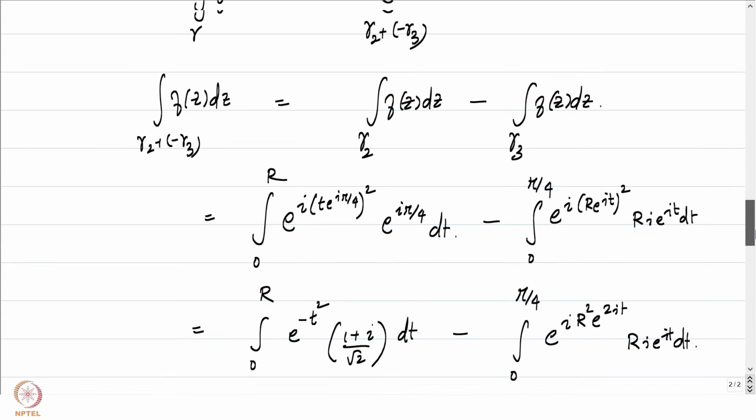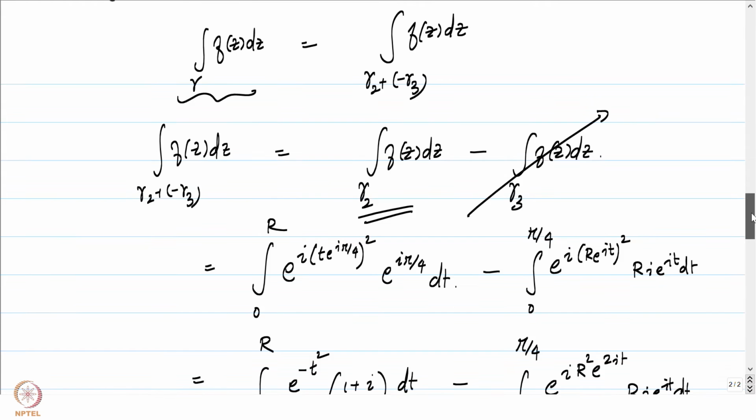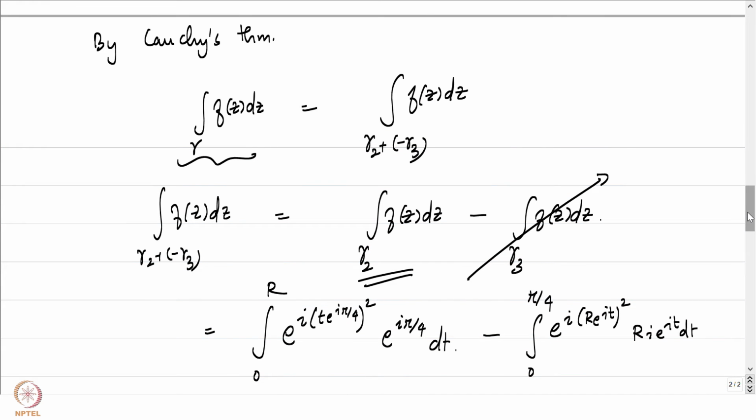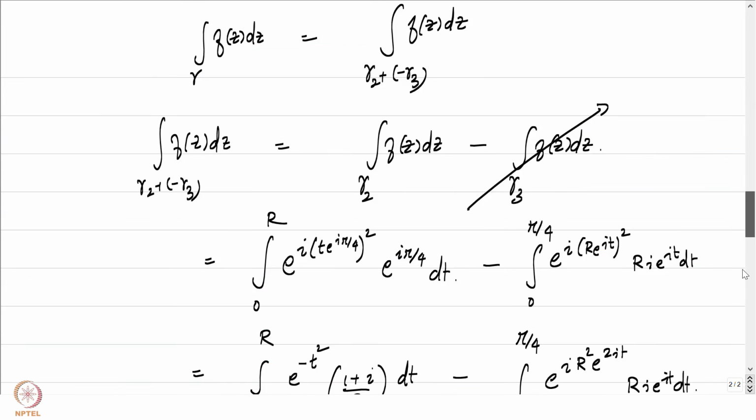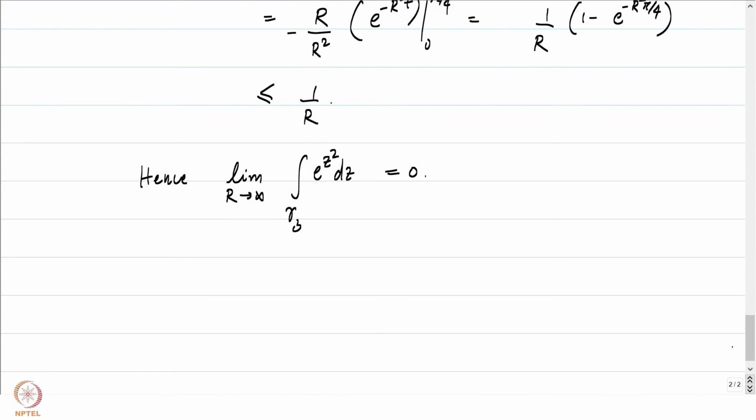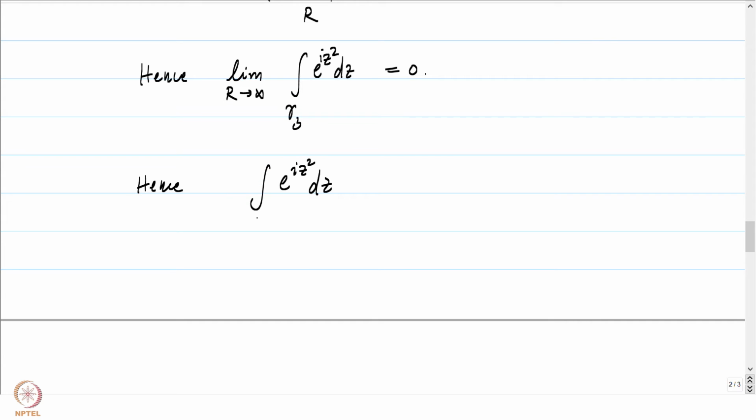So let's go up again and check what happened. This term vanishes. We have computed what this term is, and we have seen that this is equal to this particular term, the integral of f of z dz over gamma. So in particular, what we have computed is the following. We have proved that, hence, the integral of e to the power i z square dz over gamma, or maybe 0 to infinity of this, is equal to 1 plus i by root 2 times root pi by 2.